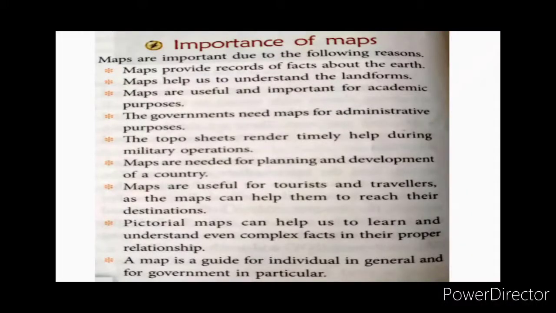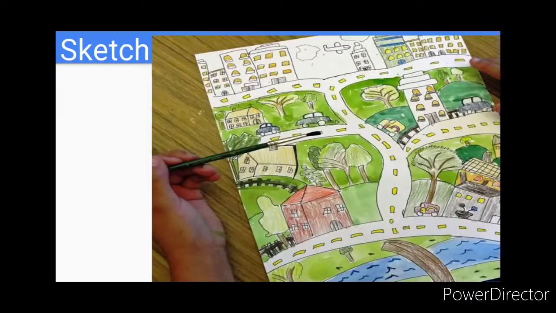Then pictorial maps can help us to learn and understand even complex facts in the proper relationships. Then a map is a guide for individuals in general and for government in particular. Okay, so governments need maps so that they can make plans or changes that need to be done to a particular area. Okay, now we will move on to different types of maps.